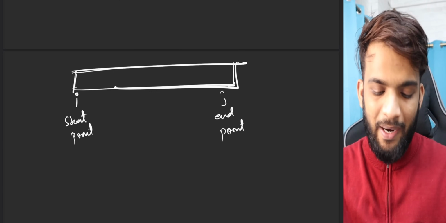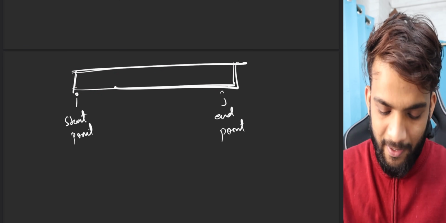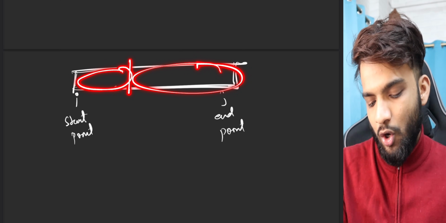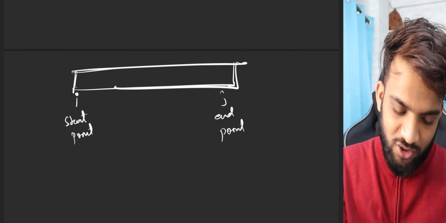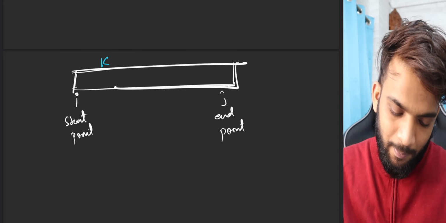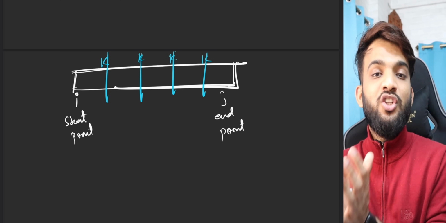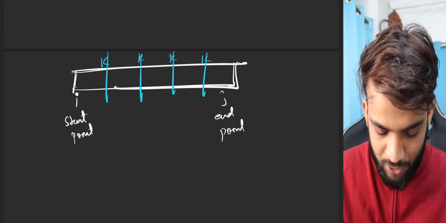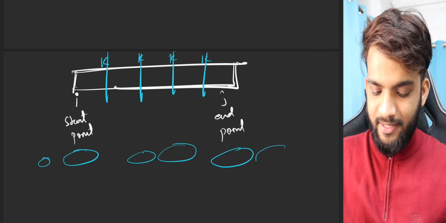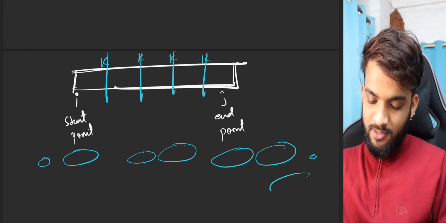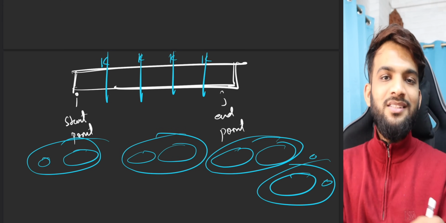The partition can be here, where you solve this and this, or the partition can be here, where you solve this and this. So there can be a lot of partitions. Partition K can be here, here, or here. It can be anywhere. So there can be multiple partitions, right? Out of all these partitions, whichever will yield you the best answer, you have to tell us that.